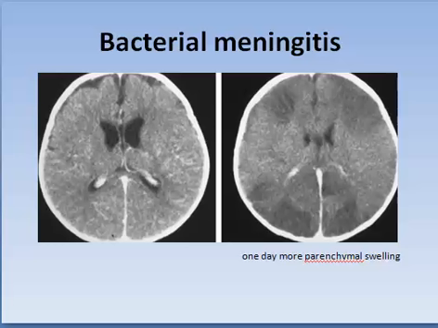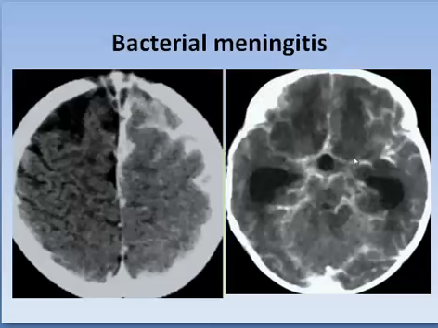So bacterial meningitis is a dangerous condition, and if there is empyema, this should be treated surgically, as a surgical emergency. Bacterial meningitis resulting in diffuse encephalitis and bilateral hydrocephalus. This is the start.